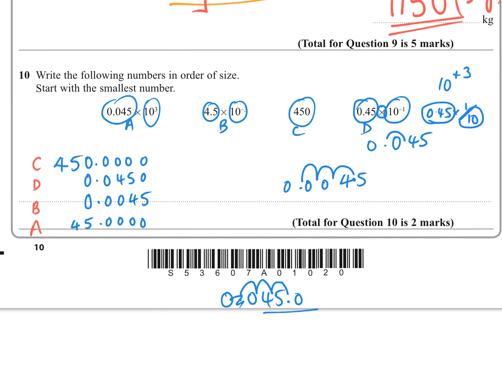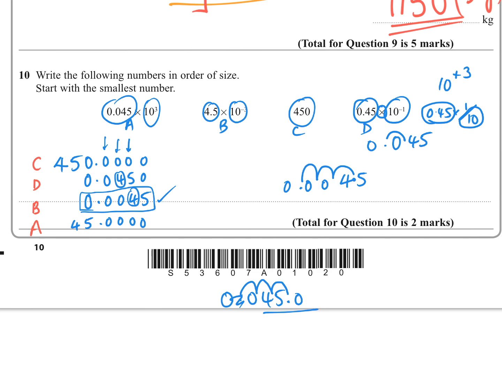Okay, so I've got to do the smallest first. Well, I hope you can see that the smallest one is going to be B here, because if we look at the tenths, the hundredths, it's got 4 thousandths, whereas this one here has 4 hundredths.